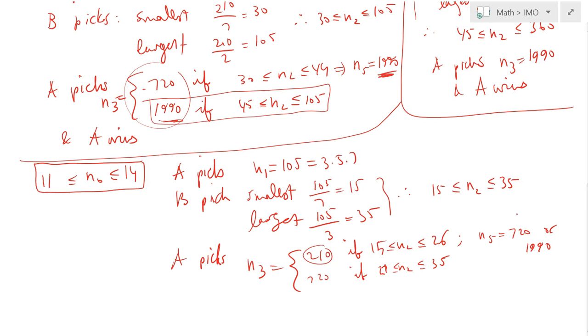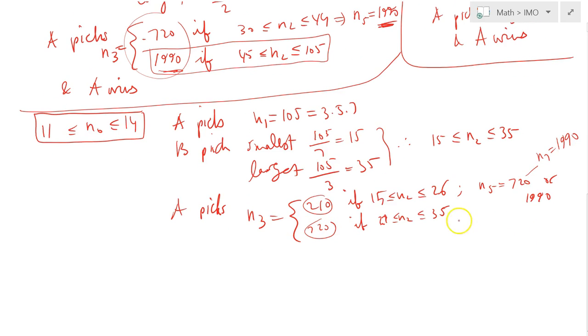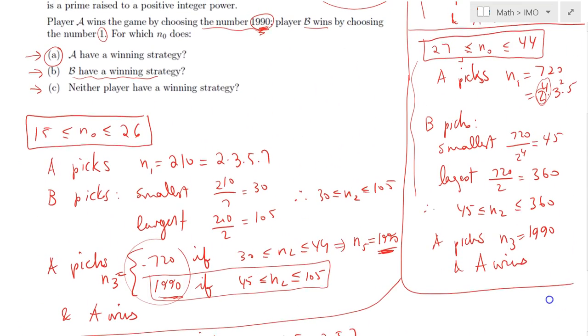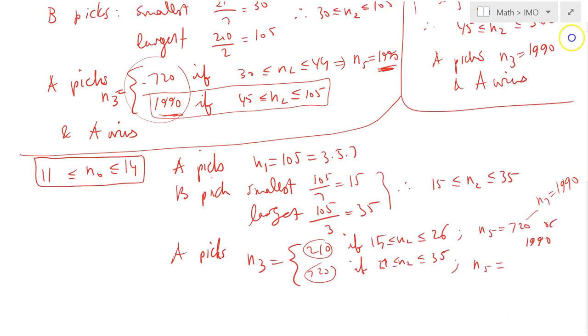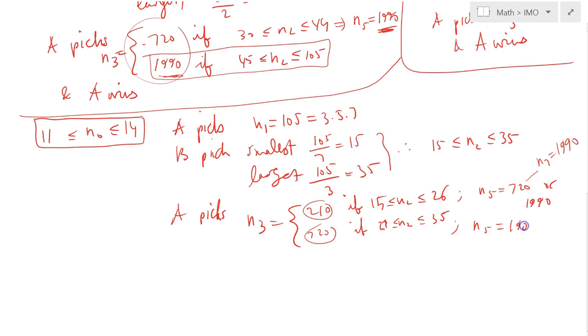If we pick 720, then N7 eventually will become 1990, so we can finish earlier. N5 will definitely be 1990. So A wins again.